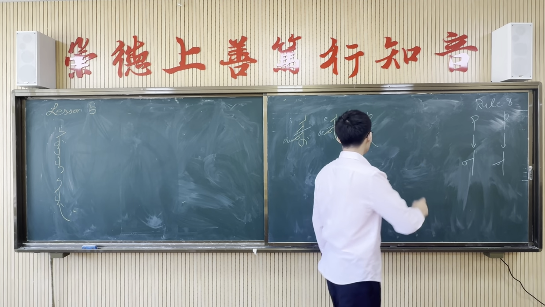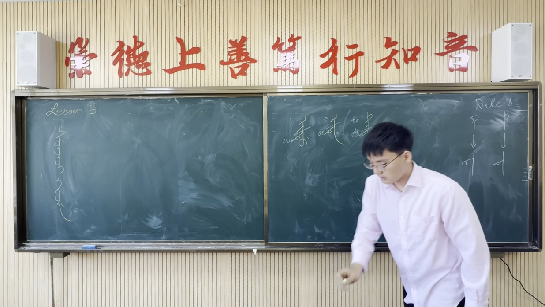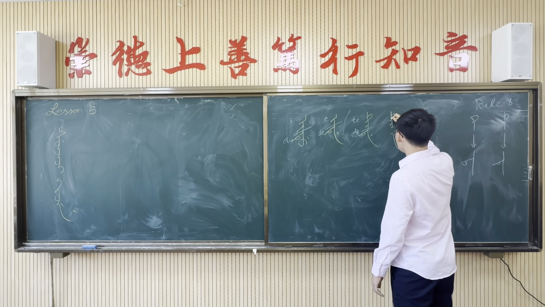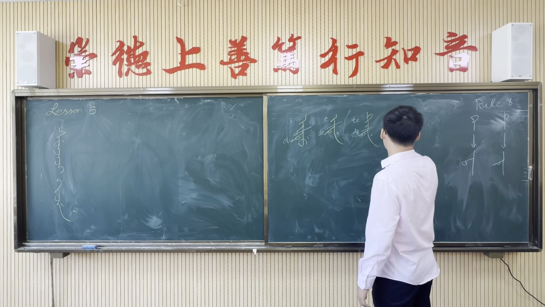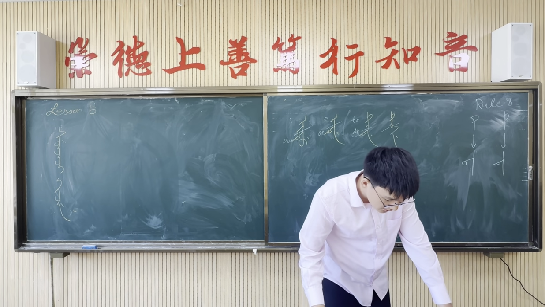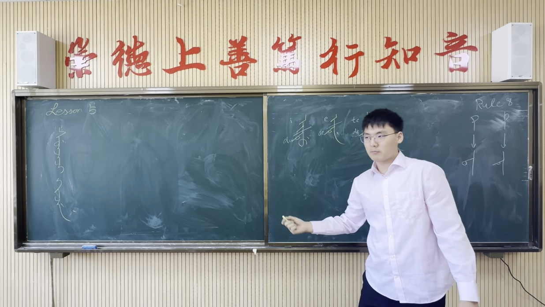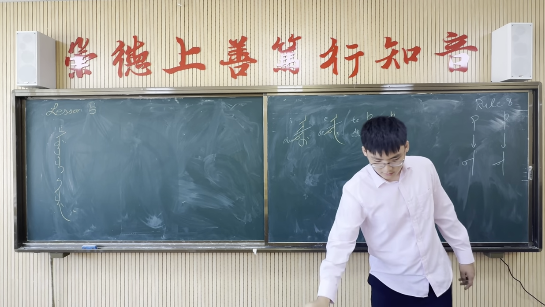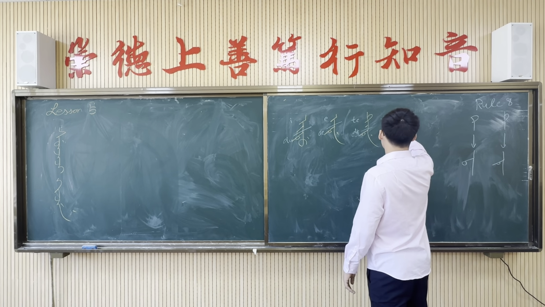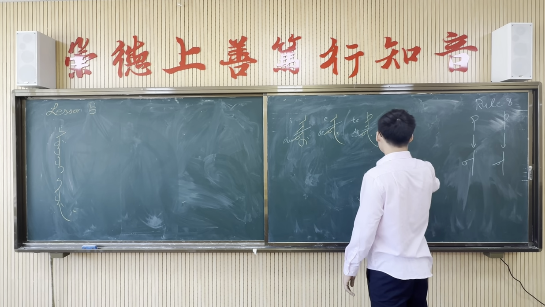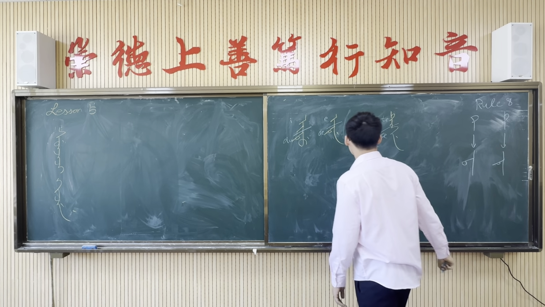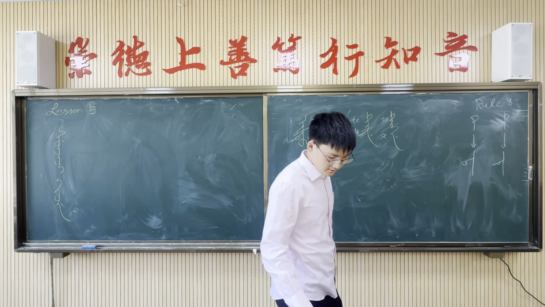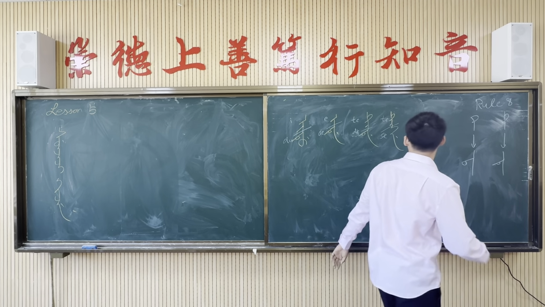Then tese means those, like those people, those apples, those things. Oh, not tede, that's my apology. I pronounced it wrong. Tese, those. Okay, 2 more words to go.